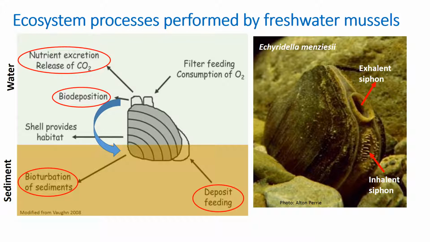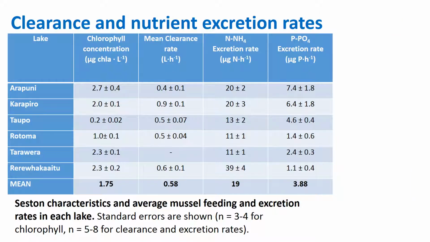They can also move around, bioturbating sediments, and the shells provide habitat, and they can also get some sustenance from deposit feeding. So it's those processes, in the red circles there, which I'm going to be exploring, which we have explored as part of our work in this critical step.